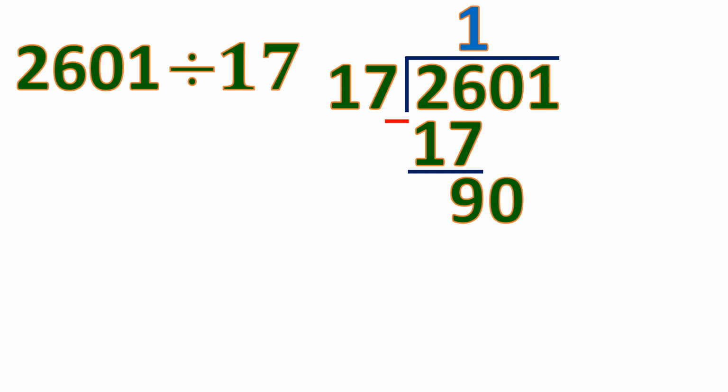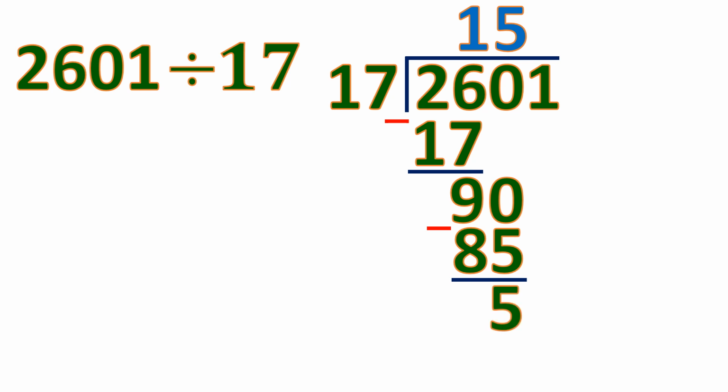Then bring down 0. Now you divide 90 by 17. So it will give you 5 because 5 times 17 is 85, and it is the closest to 90. Then let's subtract. 90 minus 85 is 5.